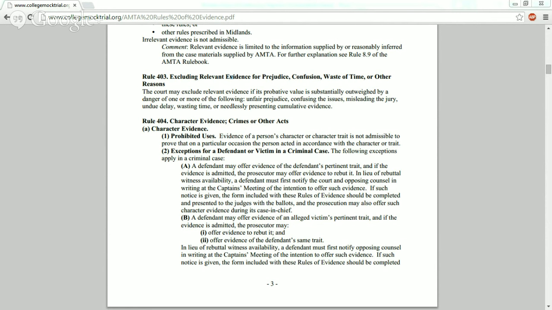That means that the prejudice has to be 90% on the 1 to 100 scale, and the probative value has to be like 10% for something to be excluded on prejudicial grounds. So if you're trying to rebut an objection to prejudicial versus probative, if you can prove that this is pretty damn probative, then no amount of prejudice can really keep it out. It's really only going to apply to things that have very little or no probative value, but have some amount, if not a significant amount, of prejudicial effect.